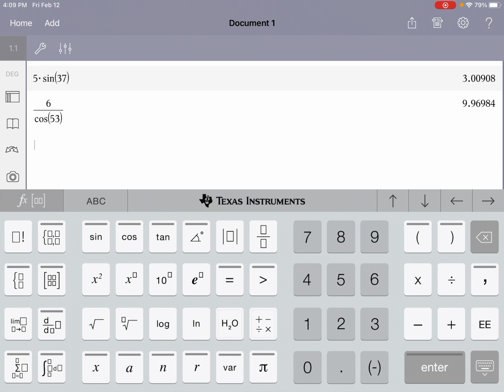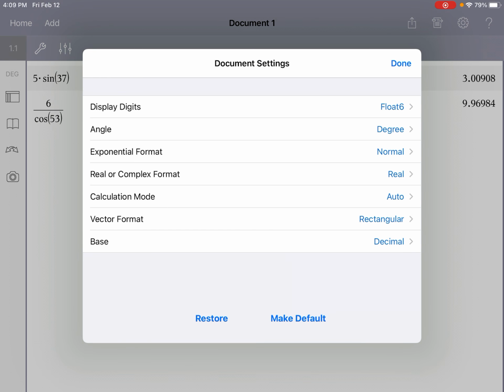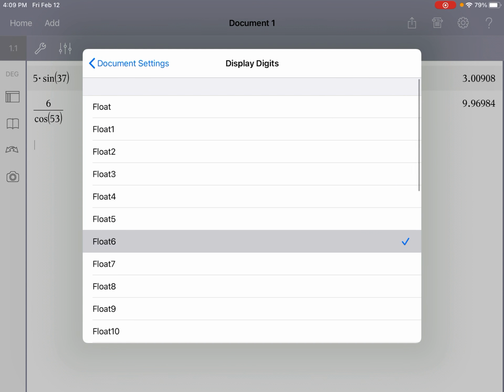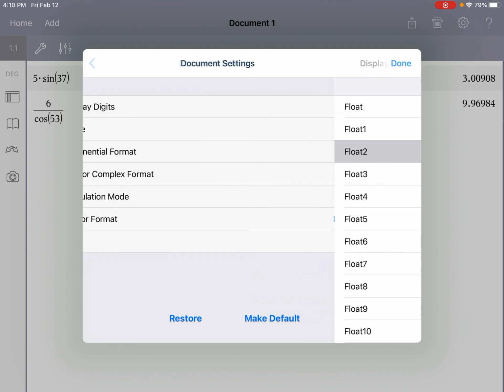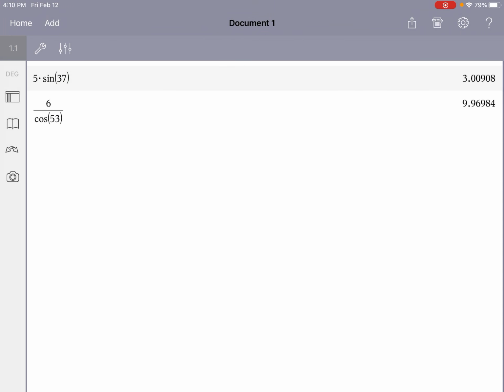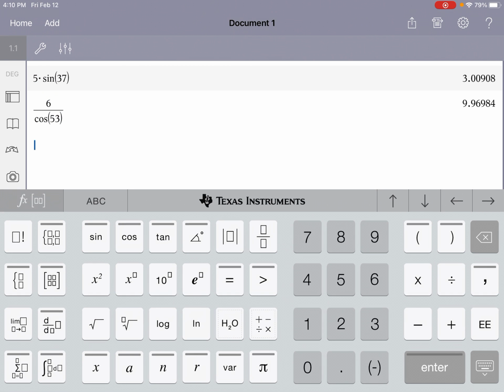So we get 9.97. If you're having issues with rounding, you can come over here to the settings gear, hit where it says float, and go to float 2. That's if you really can't get this whole rounding thing. We're going to click enter again.